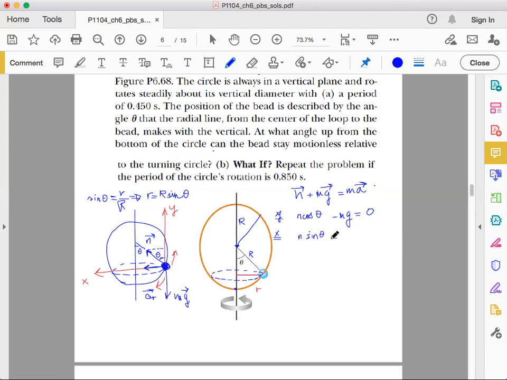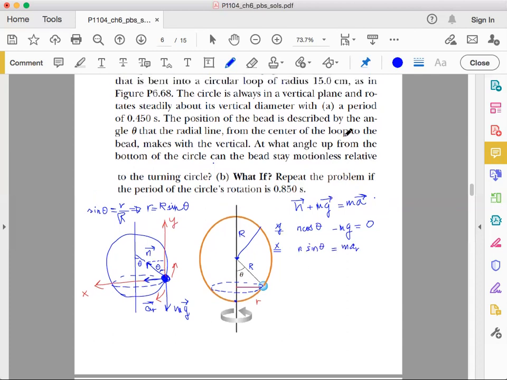So N sine theta is equal to the mass of the bead multiplied by the radial acceleration AR. We don't know what AR is, but we know that the bead is moving steadily, which means we can replace AR by its expression: AR is equal to V squared divided by R, where R is the radius along which the bead is moving.